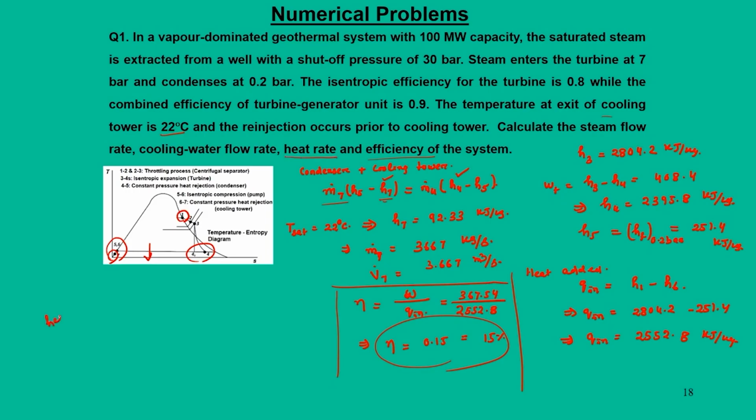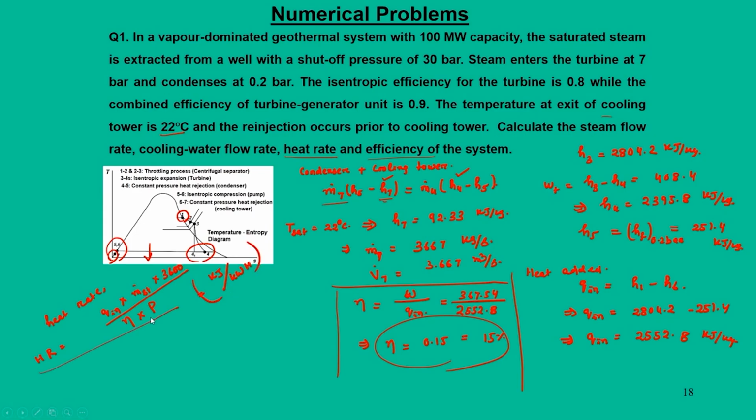So, heat rate by definition we write HR is Q in into m dot steam into 3600 divided by efficiency into power, that is in kilowatt, and this is normally represented as kilojoule per kilowatt hour. So, through this conversion we define these things.